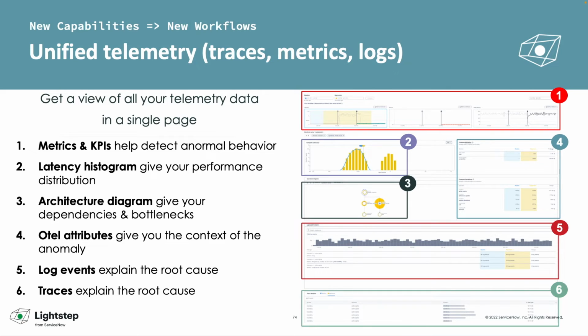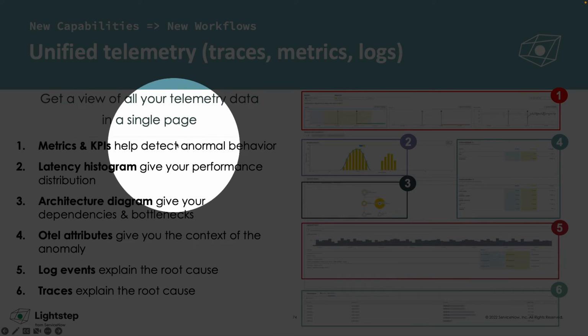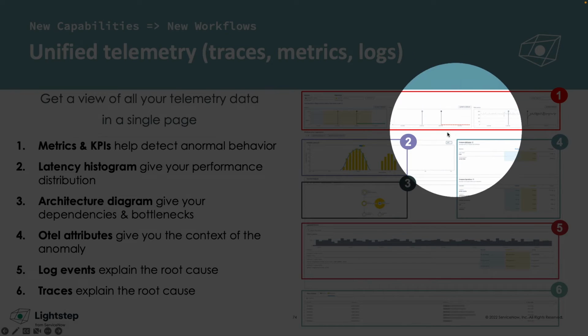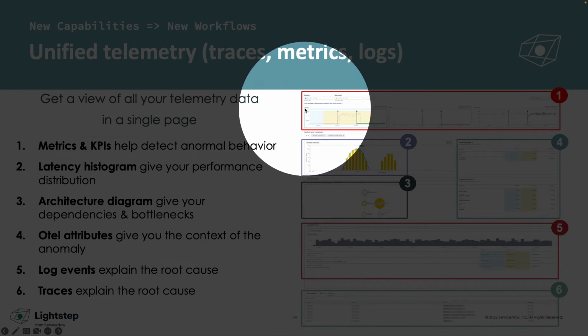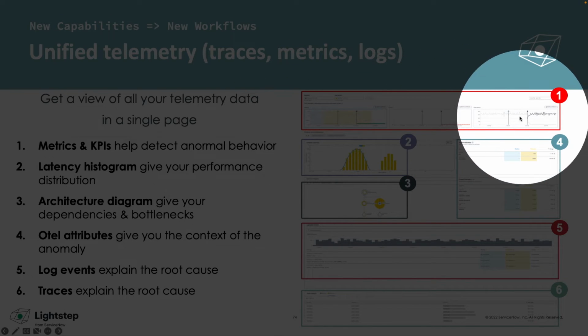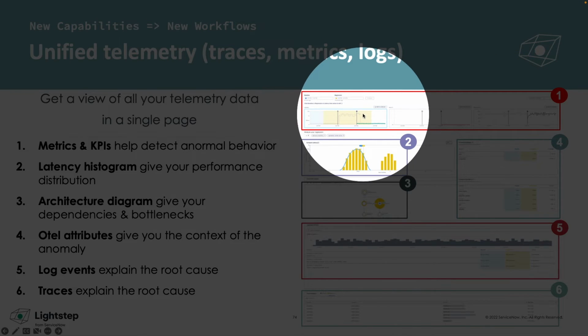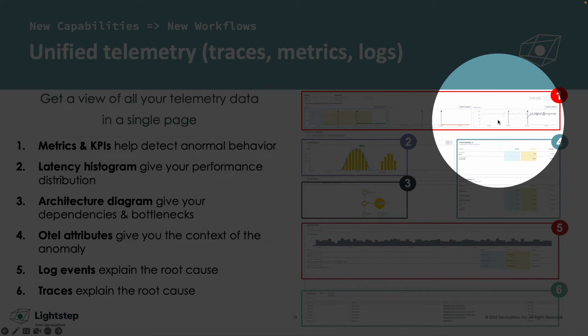Finally, we can speak about the correlation of all this telemetry data together, and bring together on the same page, in a unified dashboard, all traces, logs, and metrics at the same time. And that's typically what you see here. So this is again illustrated by a screenshot from Lightstep, where you've got in a single page the visibility for your metrics, again the RED metrics: latency, error rate, throughput.